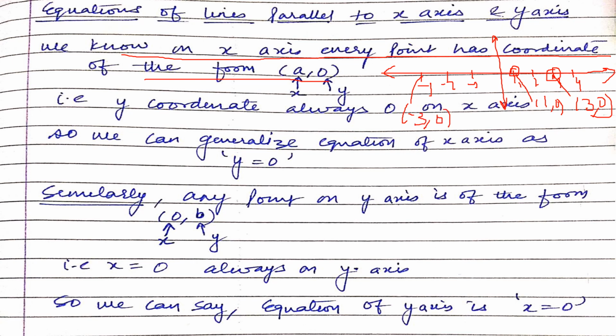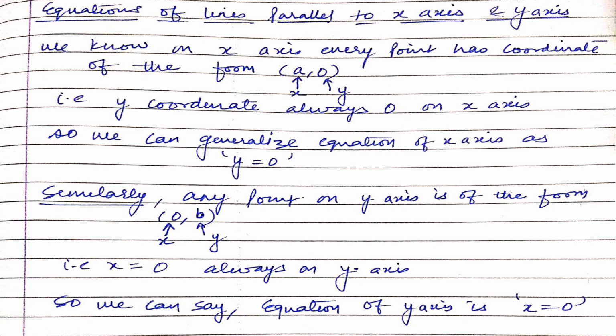What is same in all of them? The same thing is second coordinate, that is y coordinate. It is always 0 on x-axis. You can see this first coordinate is changing everywhere, but the second coordinate is same in all of them. That is why I said that on x-axis every point is of the form a comma 0, where a is the variable part.